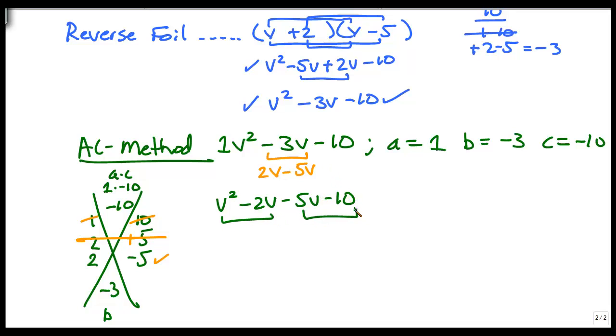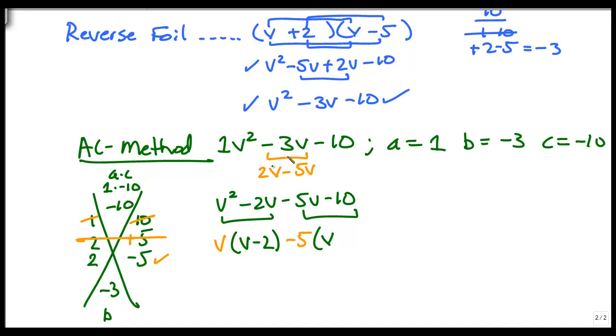Factoring by grouping, there's a v that's common in my first group. If I factor out a v, I'm left with v minus 2. Now in my second group, there's a negative 5 that's common. If I factor out a negative 5, I'm going to be left with v, let's check that.